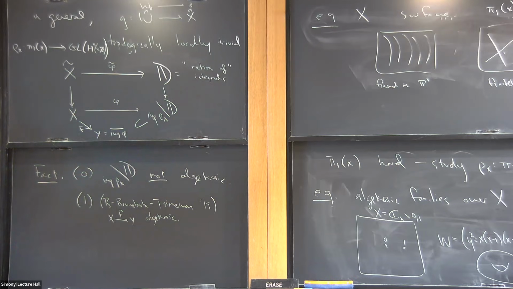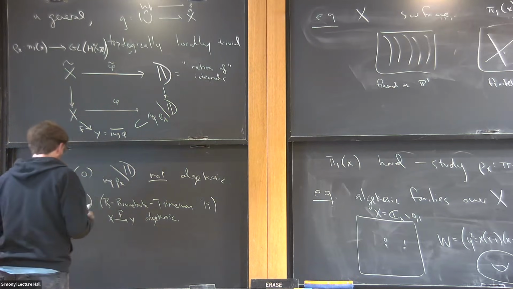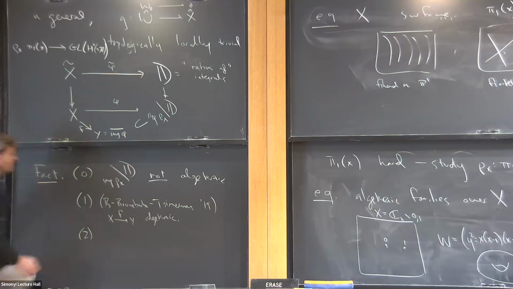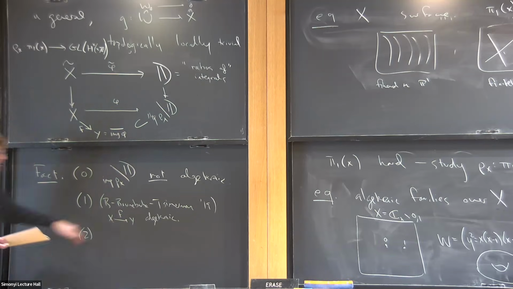Other questions? Okay, cool. So why is this relevant to the story I'm telling? Well, first of all, this period map phi, or rather this algebraic map F, has the following property.